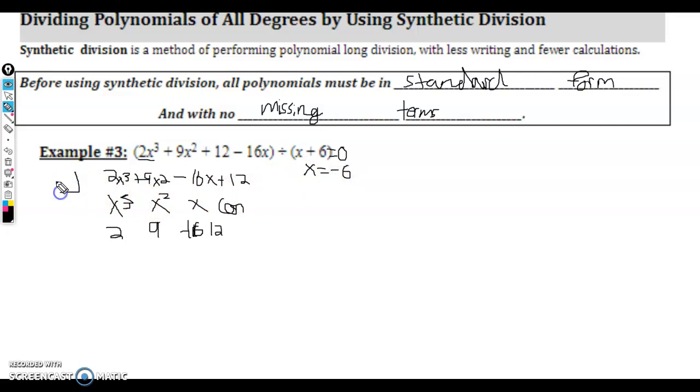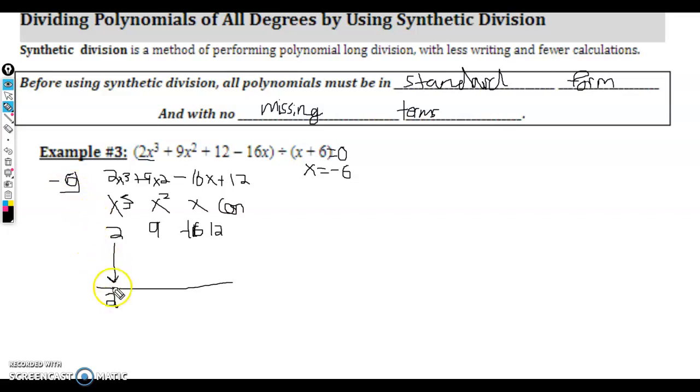I'm getting better at writing. So that means my magic number is negative 6. And I'm going to write that in my corner. So I bring my first term down.